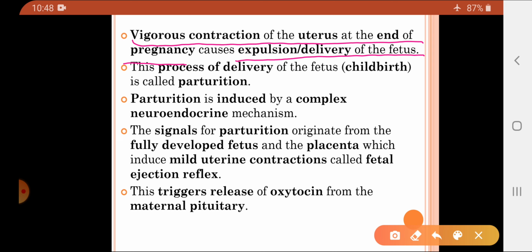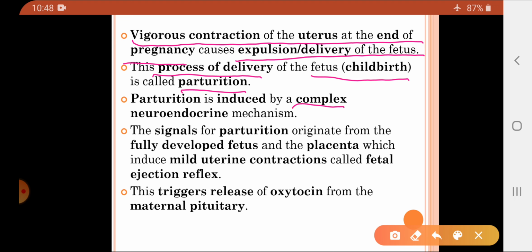It is these vigorous contractions which expel the fetus from the uterus. So this process of delivery of the fetus, or childbirth, is called parturition.